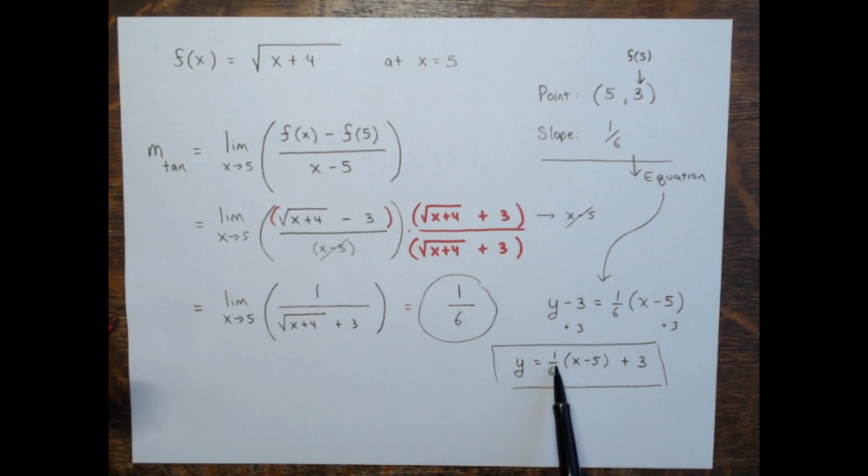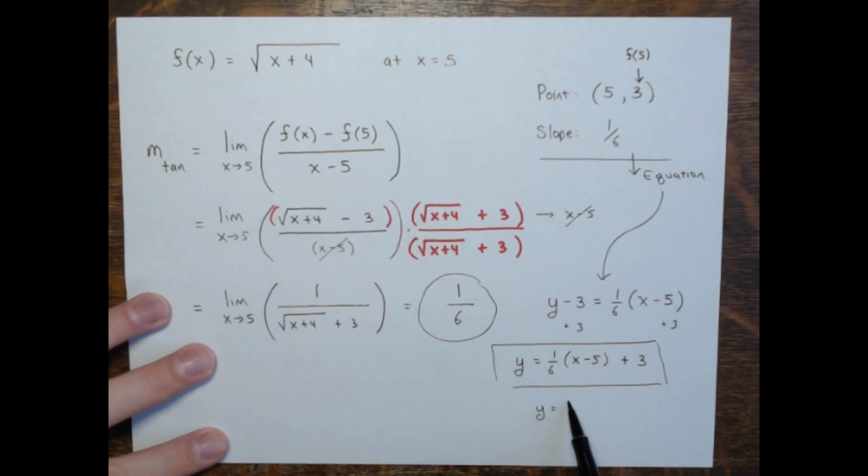You'd have to distribute the 1/6. So you have 1/6x minus 5/6, plus 18/6. So if you were to go all the way, 1/6x, again, minus 5/6, and then this would be 18/6, so plus 13/6. Now there's slope-intercept form. That's totally fine.